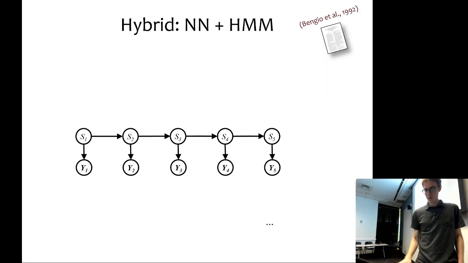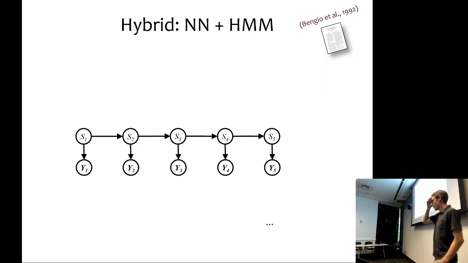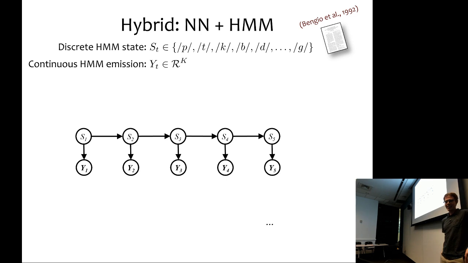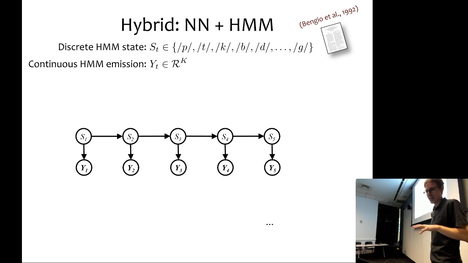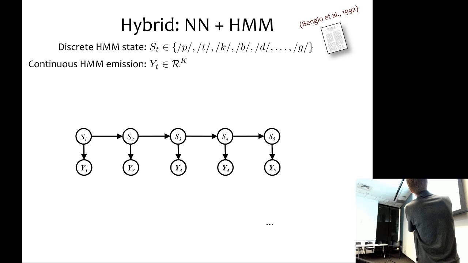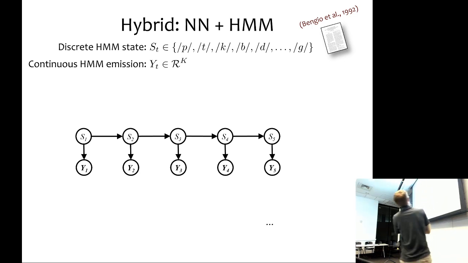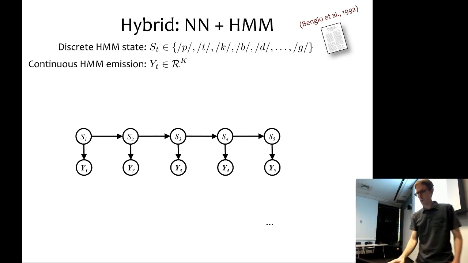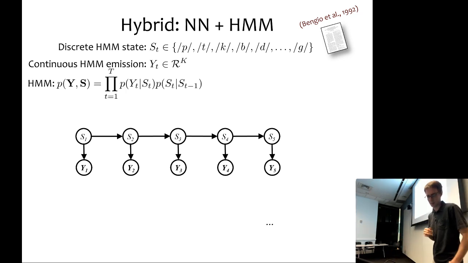Okay. So what we can do, and what Yoshua Bengio did back in 1992, is we can think about a discrete HMM state. And here we're going to be thinking about phoneme outputs and continuous HMM emissions. Note that the Y's are actually the emissions in this particular model, and the S's are the hidden states. Usually we talk about Y's as the hidden states, but it's a little bit different just for this example.